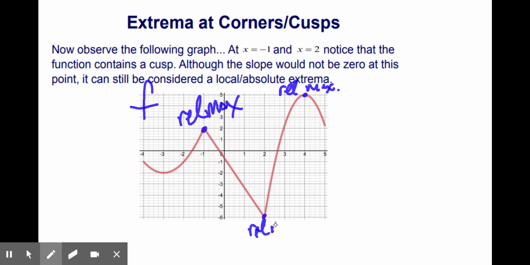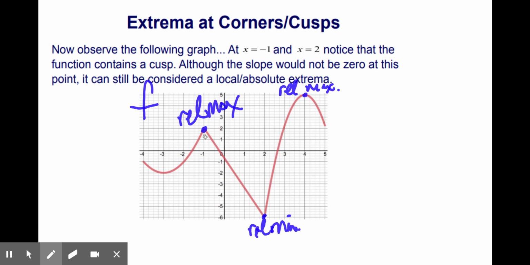Same thing here. This point is also a relative max. Or I'm sorry, it's a relative min, right? It's a low point. It's where the graph changes from decreasing to increasing, right? Going down to going up. Now, the one thing you can notice about these points that will be important momentarily is there's something weird going on here in terms of the derivative, right?